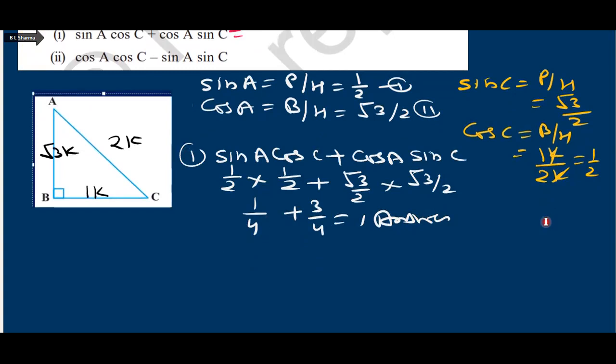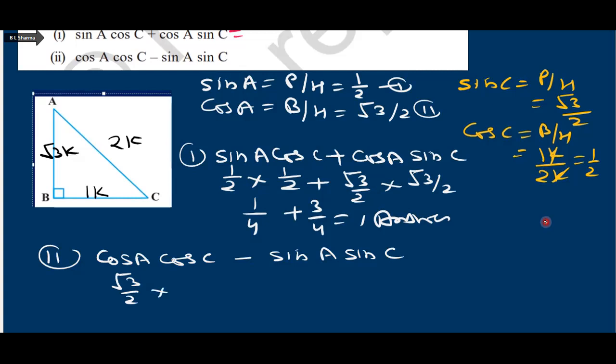Now for the second part. Second part is cos A into cos C minus sin A into sin C. Put the value of cos A, sin C. Cos A is equal to root 3 by 2, and cos C is 1 by 2, minus sin A is 1 by 2 and sin C is root 3 by 2.